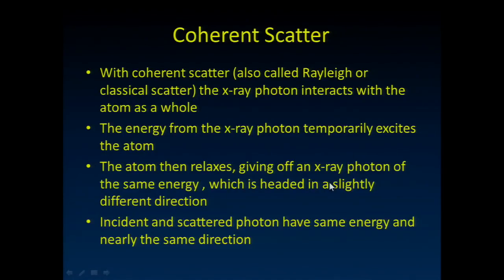The first thing I want to talk about is coherent scatter. In coherent scatter, the X-ray interacts with the atom as a whole. You can almost think of it as vibrating the atom to a slightly excited state, and as that atom relaxes back to its normal state, it gives that energy back off, but in a slightly different direction. So coherent scatter changes the direction of the energy, but not by a whole lot.